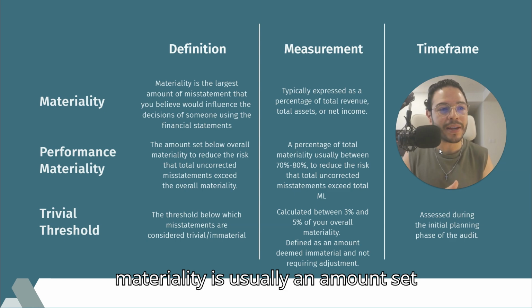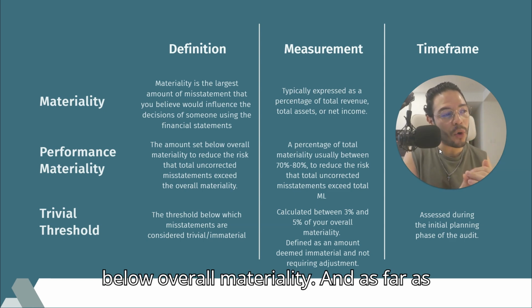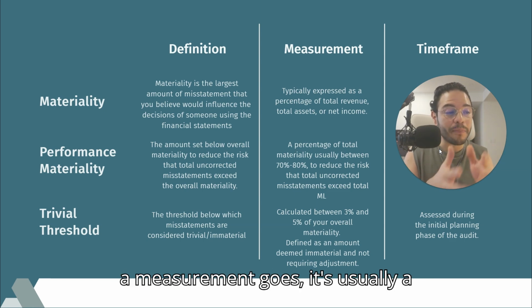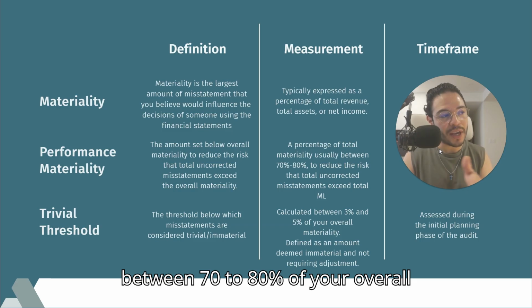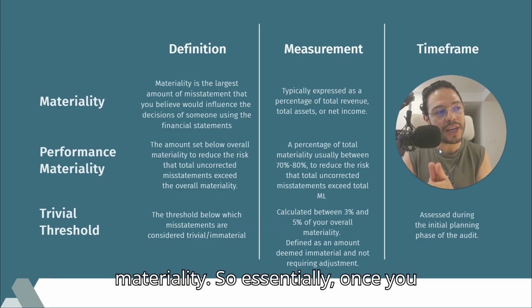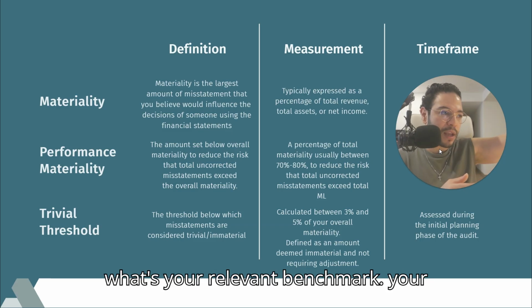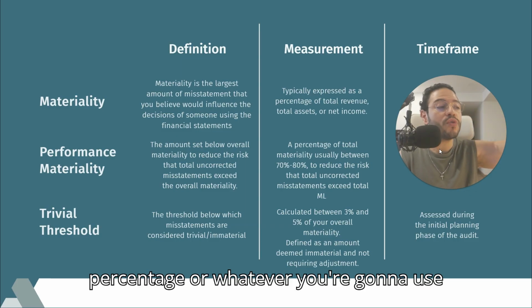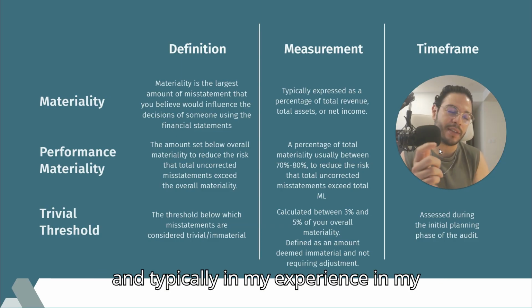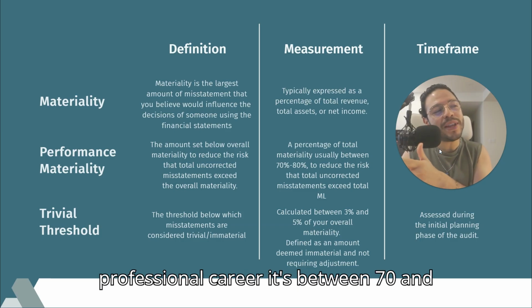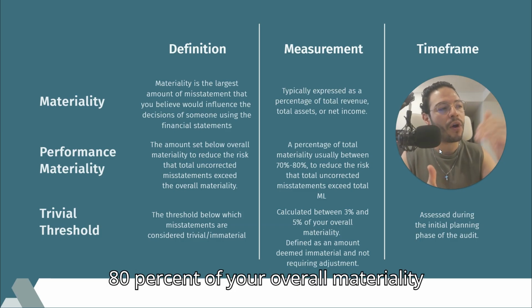As far as measurement goes, it's usually a percentage of materiality, usually between 70 to 80% of your overall materiality. So essentially, once you calculate your materiality, you calculate what's your relevant benchmark and the percentage you're going to use of that benchmark, then your performance materiality is set one level below that. And typically, in my professional career, it's between 70 and 80% of your overall materiality.